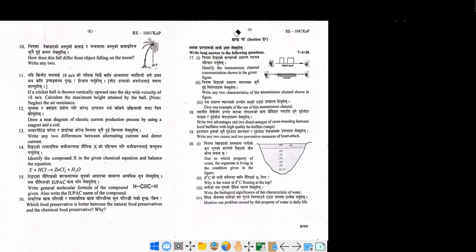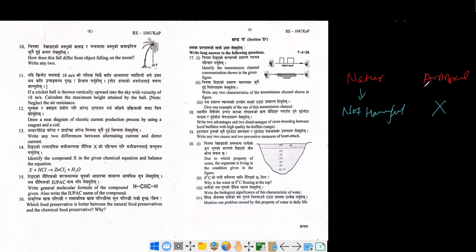Question number 16. We are gonna look at here, and then we will be making a video, separate video for this group D shortly. प्राकृतिक र रासायनिक परिरक्षी preservative, natural preservative and artificial preservative. It's quite simple question. You are familiar with this. Natural means it does not harm, not harmful for human health. This is very harmful.